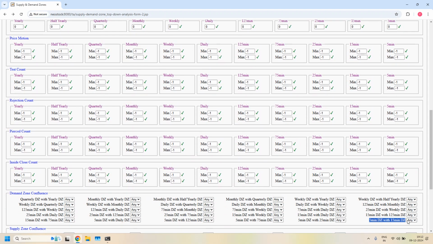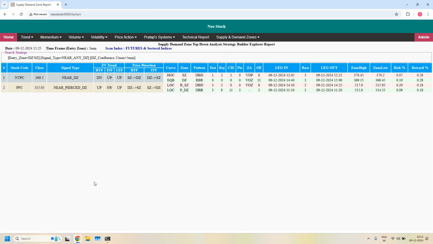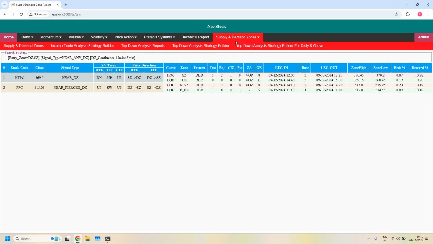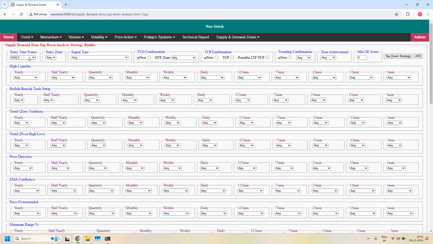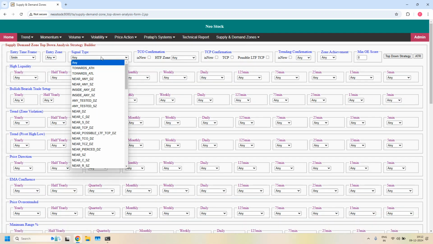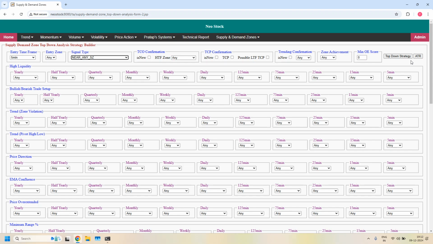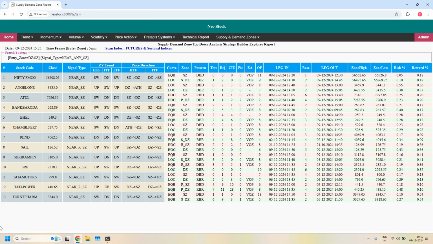I'm setting that filter. With this filter, we got 2 stocks. But the second one is invalid because it is already pierced. Next, for 5 minutes time frame, stocks near 5 minute supply zone, we got 13 stocks.